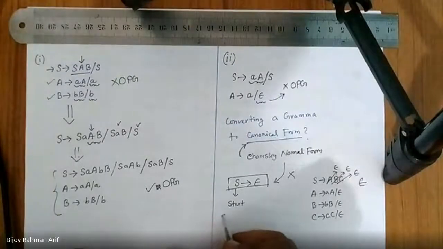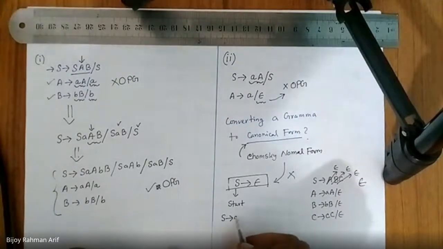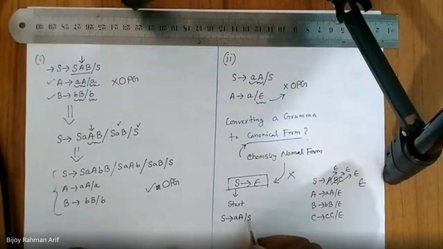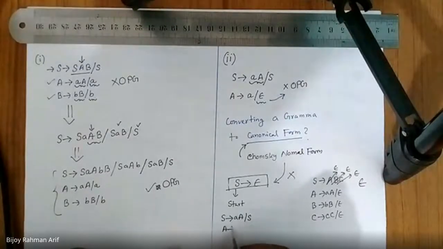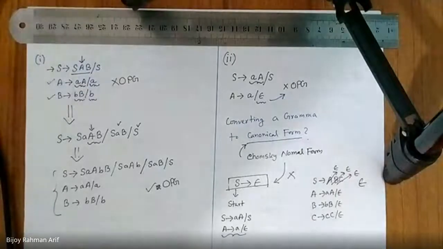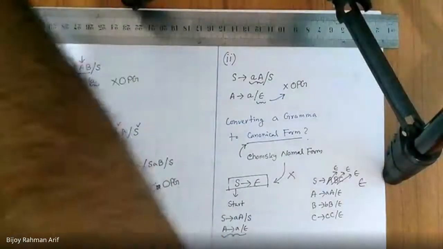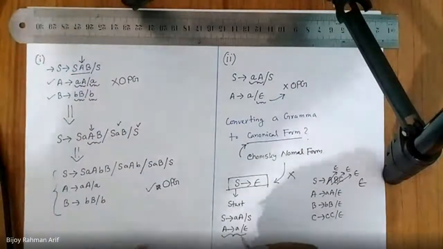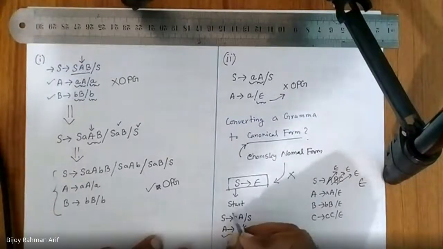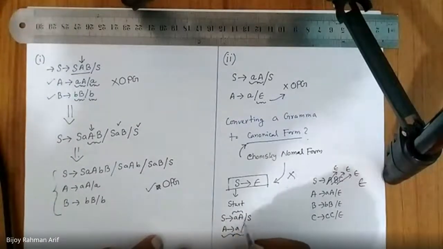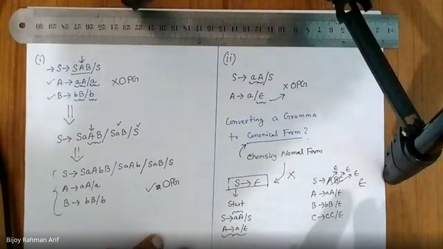It is something like this. S derives A or S, and A derives A or epsilon. So here is a problem. There is epsilon. Am I right? Now what you are going to do is take all the appearances on the right hand side which involve A, except this one. This one has an appearance of A, so you write this one the same.